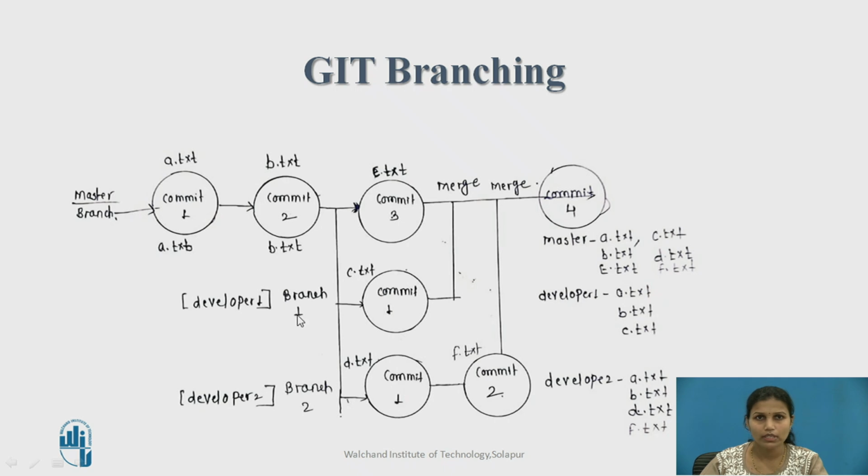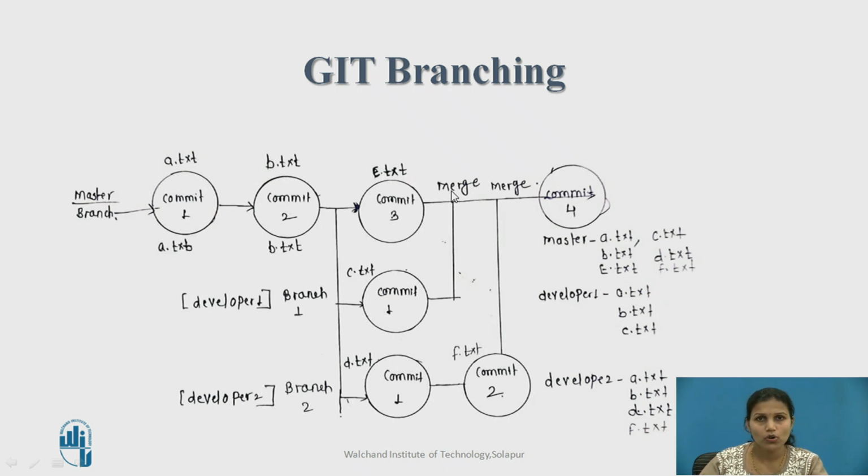Here also three files are added, a.txt, b.txt and d.txt. But when developer 1 performs the merge operation with the master branch, before merging there is a third file created by the master branch, that is e.txt.